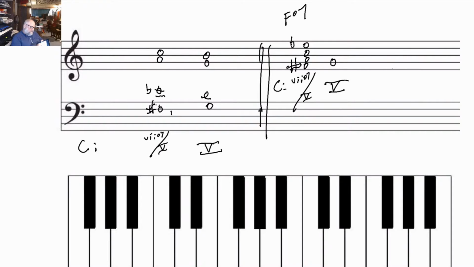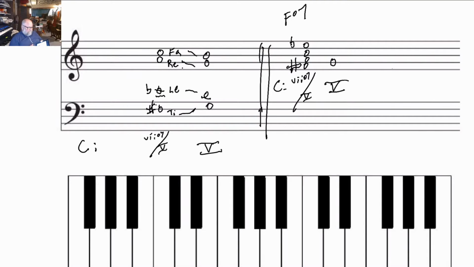The root of a 7 diminished is a T. The third of a 7 diminished up here in the alto voice is a Re. The fifth of a 7 diminished is a Fa. The seventh of a full diminished 7 is a Lay. And so they want to resolve to Do, to Sol, Re to Do, and Fa to Mi.